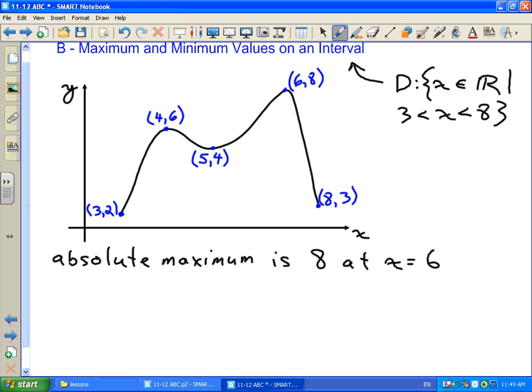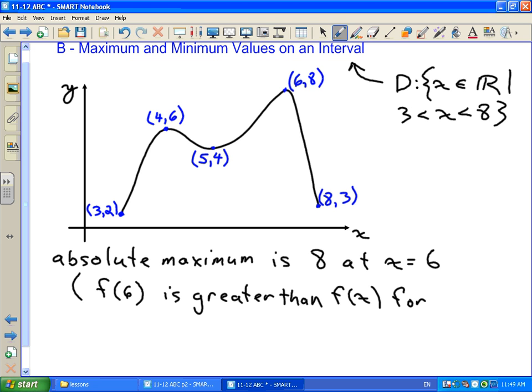Because the value of the function evaluated at x equals 6, or f(6), is greater than f(x), the function evaluated at any other x value, for any x in the domain.